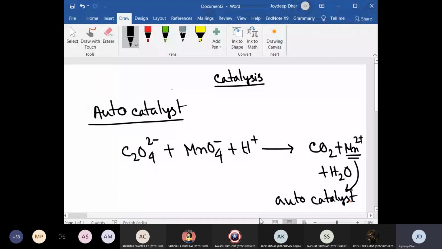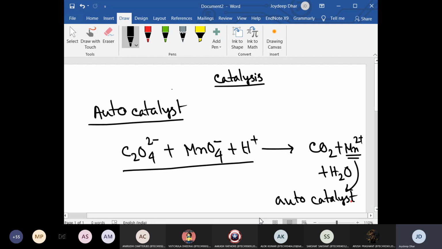So a chemical species which is part of the product, when it forms, will catalyze the overall reaction. Initially the reaction will be slow, but once Mn2+ has formed during the course of the reaction, that Mn2+ will catalyze the reaction, and as a result the remaining oxalate will be oxidized very fast into carbon dioxide.